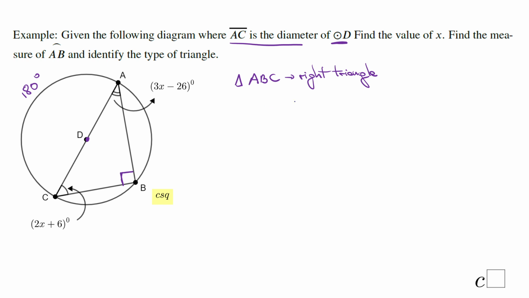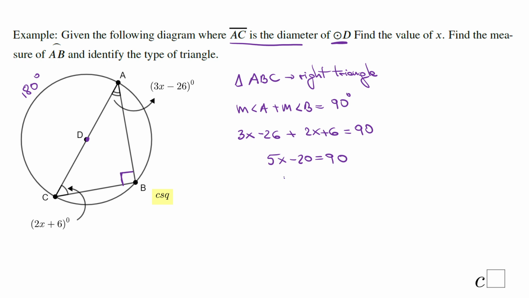Okay, then we can say the measure of angle A plus the measure of angle B equals 90 degrees. The acute angles in a right triangle are complementary. So naturally my equation will be 3x minus 26 plus 2x plus 6 equals 90. So we have here 5x minus 20 equals 90.